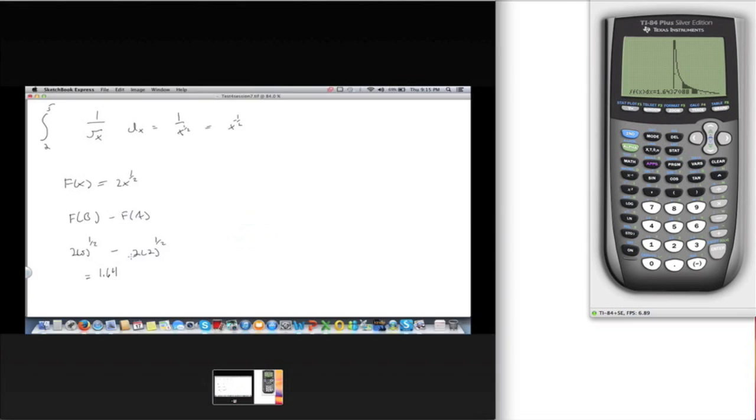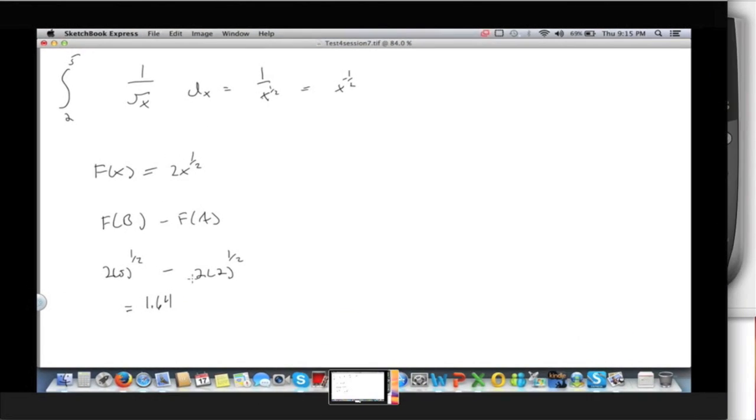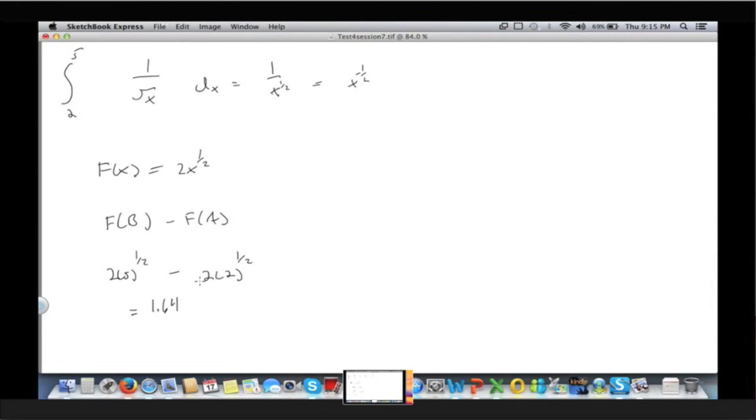Okay, yeah, all right. I ended up with the same answer as you there, 1.64, and that's good that you checked that on your calculator. Okay, so that was the correct answer, and that was also a good process for solving that problem.